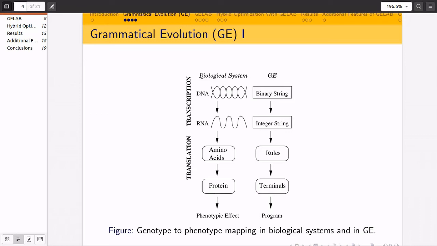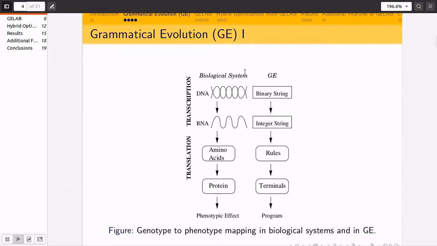Now, from the genetics point of view, the idea is that every living organism has a genotype which is governed by the DNA structure of the living organism, and the genotype has a manifestation in terms of the phenotype.